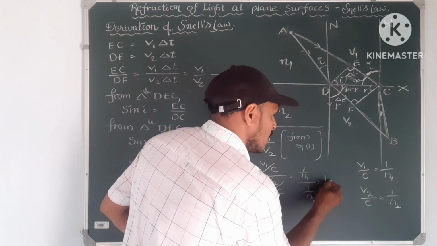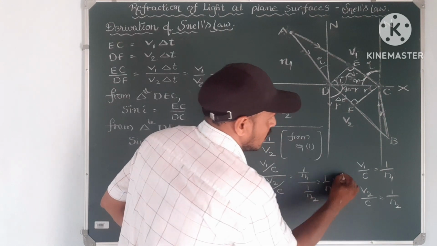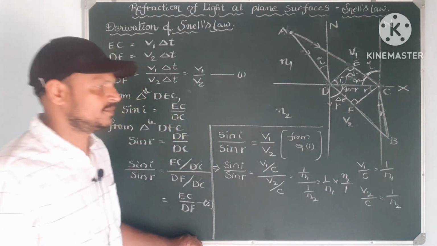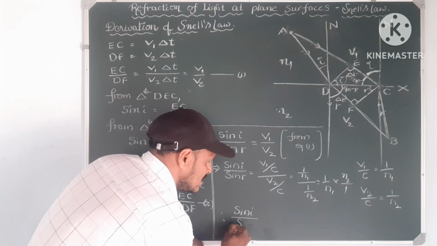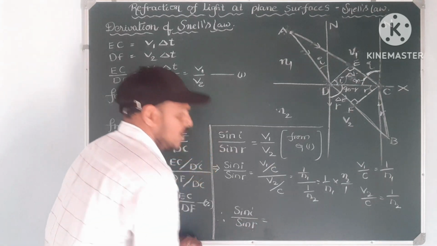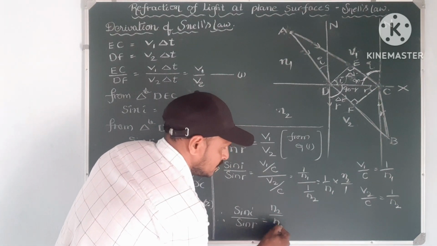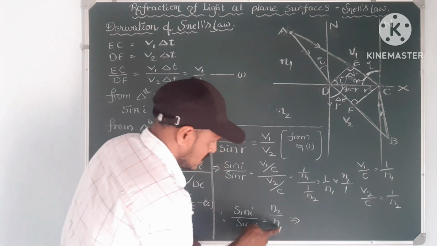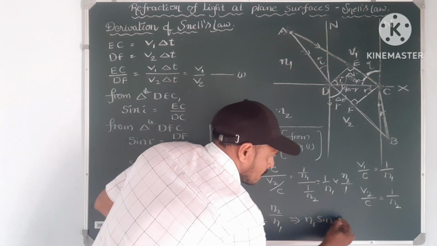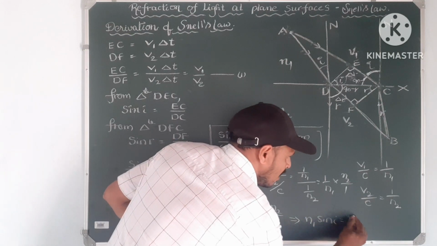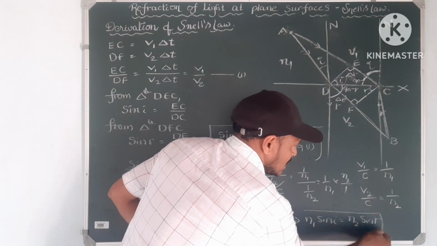That is equal to N2 by N1. So therefore sine I by sine R is equal to N2 by N1. By cross multiplication, N1 sine I is equal to N2 sine R. So this is Snell's law.